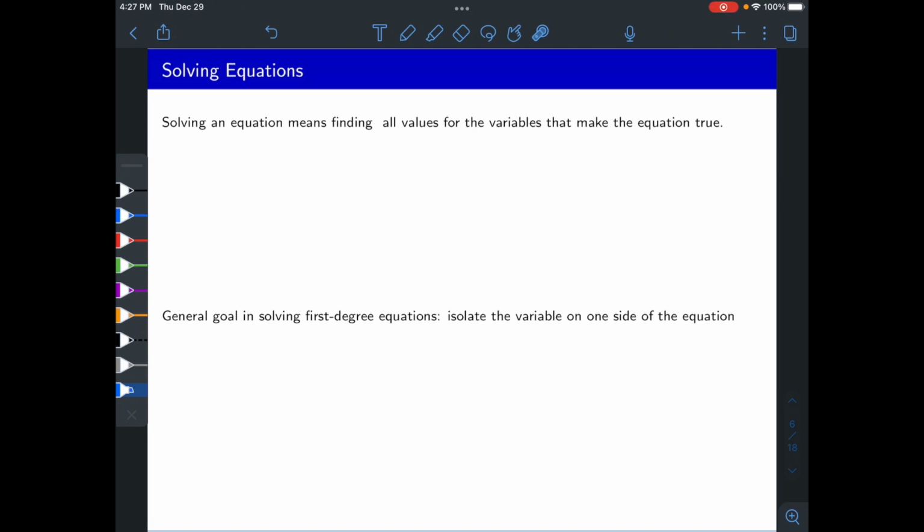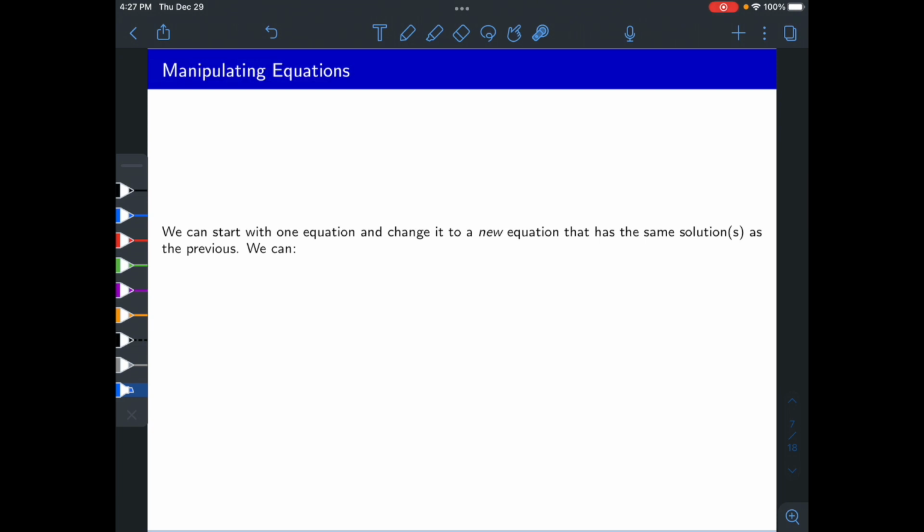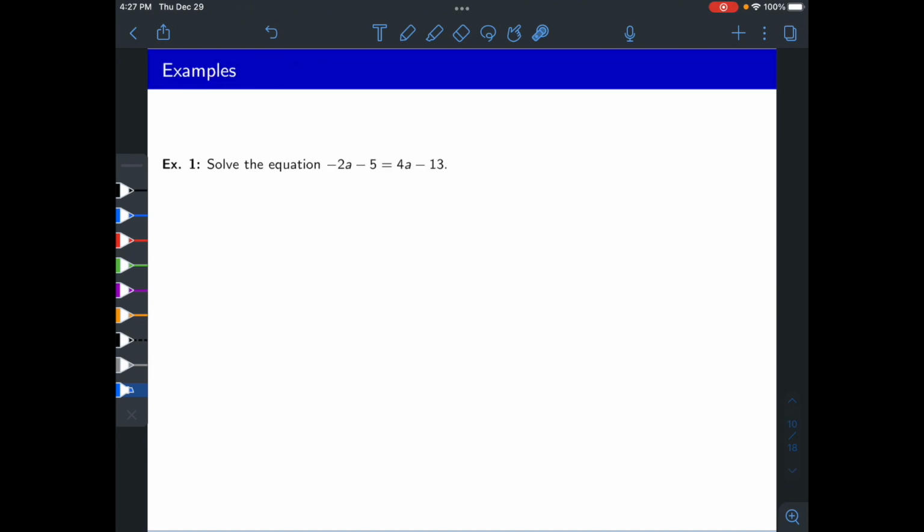So you isolate that variable on one side of the equation, and then you should be able to say what it's equal to. Okay. Elaborating on what I already said, we can start with one equation and change it to a new equation that has the same solutions as the previous one. Things that you could do are add and subtract the same thing to both sides, and multiply or divide both sides by the same non-zero number.